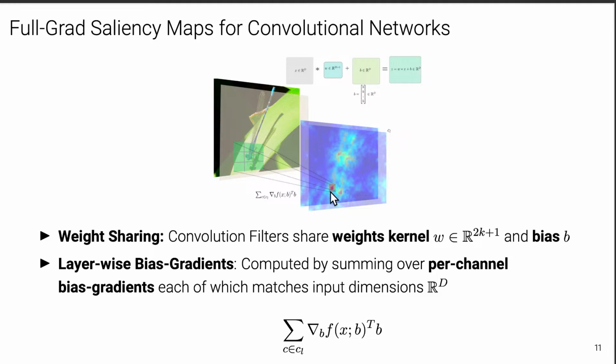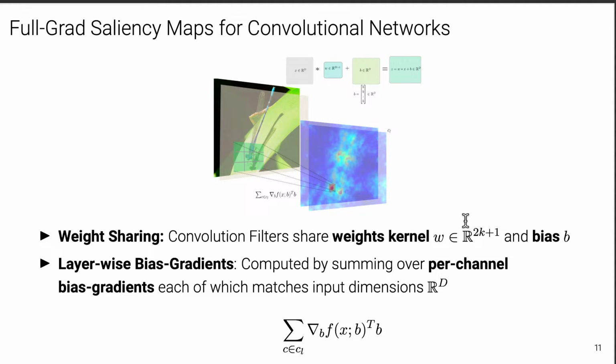We basically capture the sensitivity of this neuron for the network's decision on this input. As we go down the network, we increase the receptive field, so even though downsampling happens, we are increasing the receptive field.